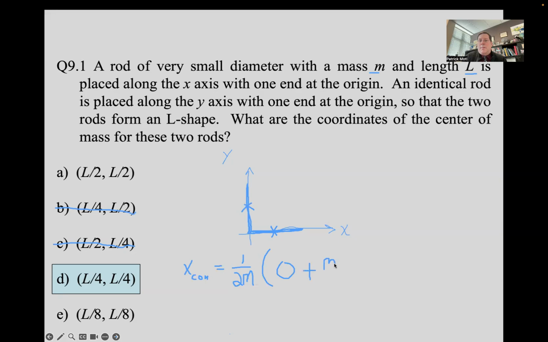So it's going to be m L over 2. And then, clearly the m's cancel out, and the x coordinate of the center of mass is going to be L over 4. And the same argument along the y-axis gives you that its center of mass is at L over 4 as well. And that gives us the center of mass of the whole system.